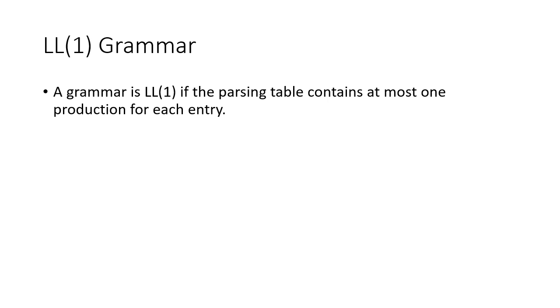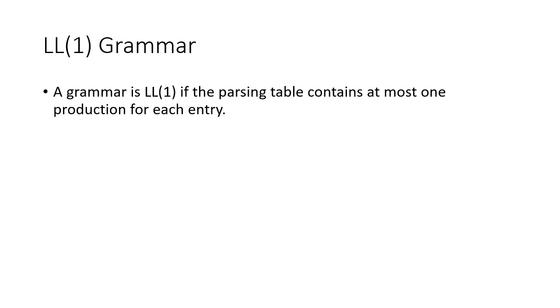Something about LL1 grammar that we should know is that not all grammars are LL1. For a grammar to be LL1, every entry in the parsing table, that means every cell in the parsing table, must have only one production. At the most, it can have one production.